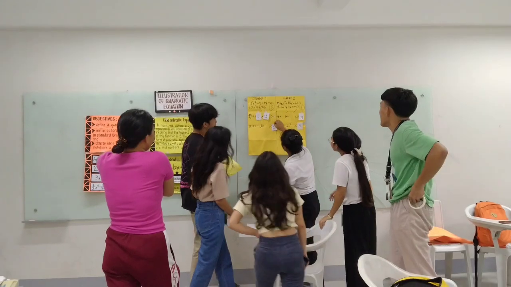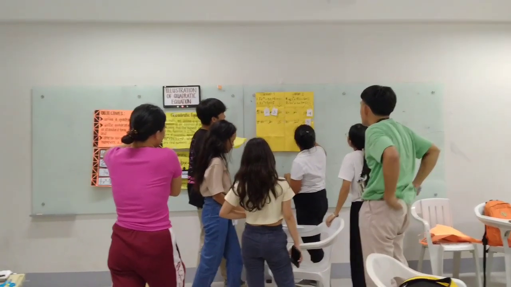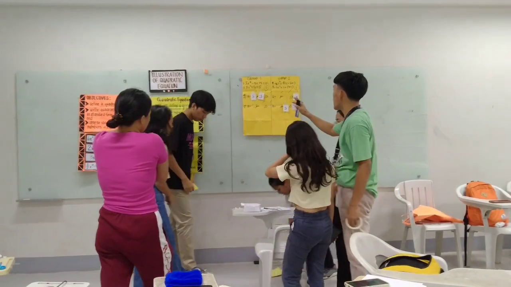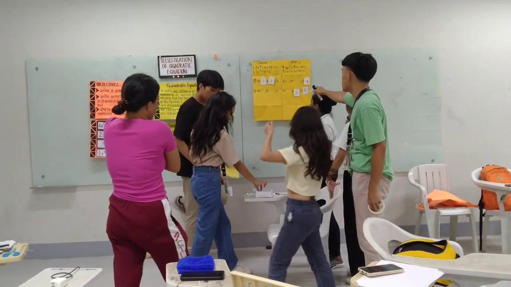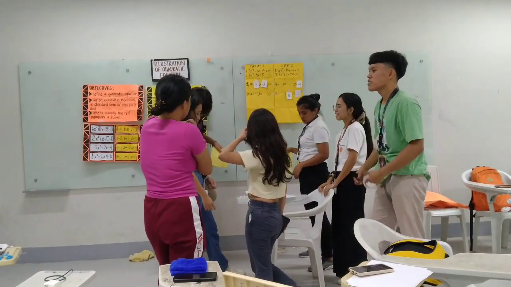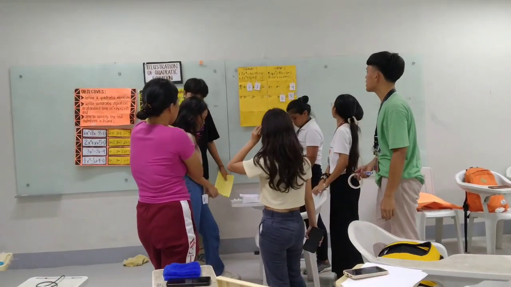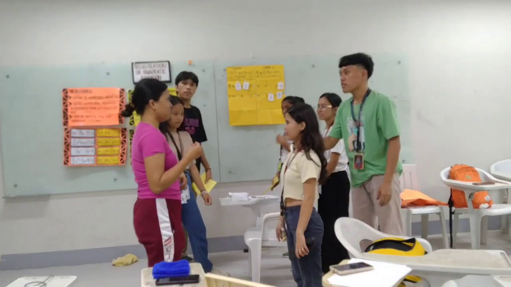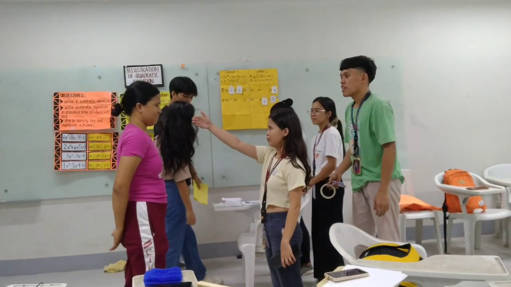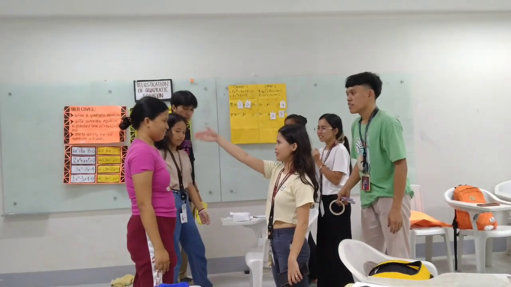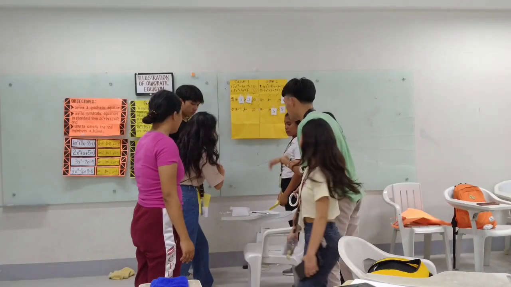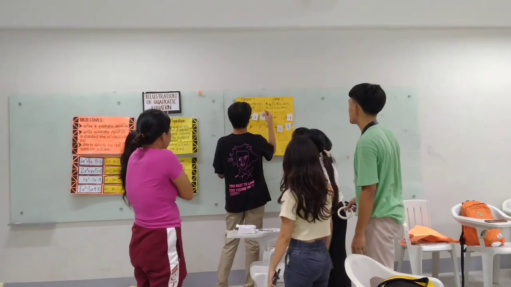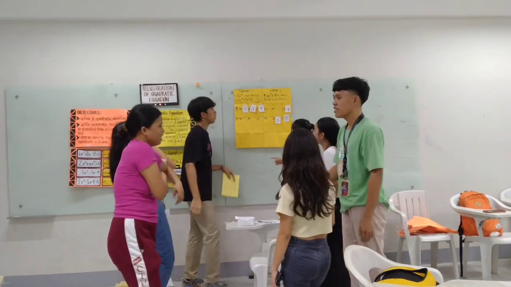So group one, you can have the chance to get that number 5 in your table. So next, okay, go. See who's the last? Okay, go. 5, 4, 3, 2, 1. Good. Go next.